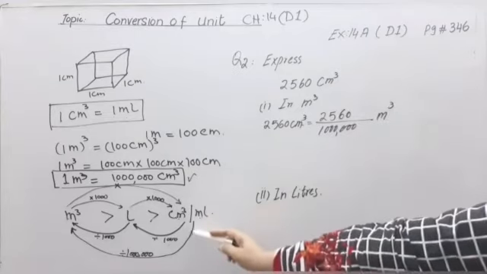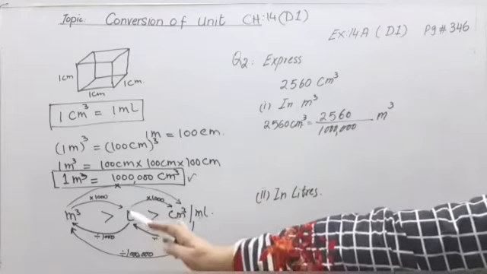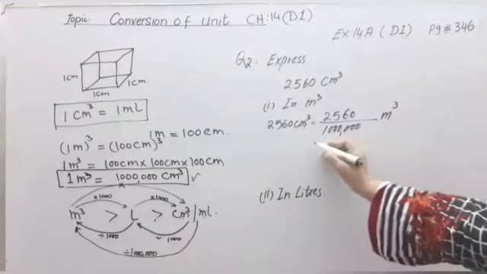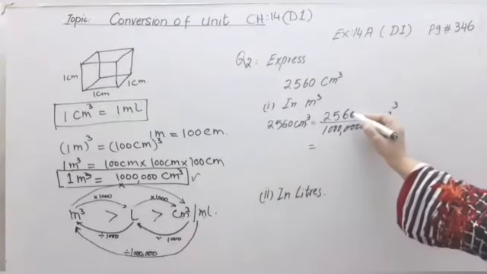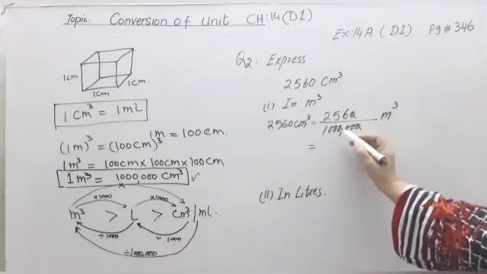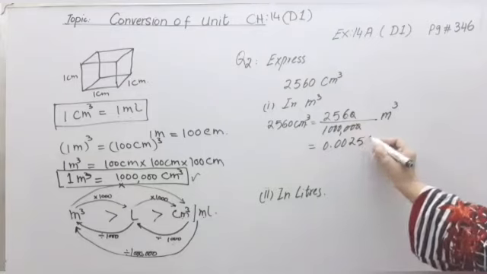So we cancel 0 0 and 1 2 3 come, 0.00256.